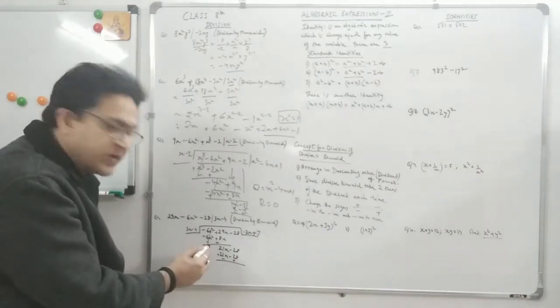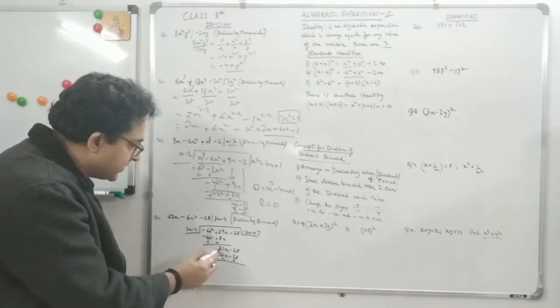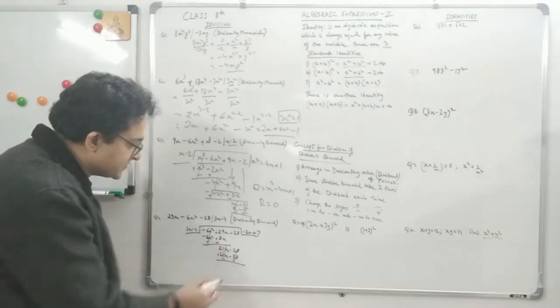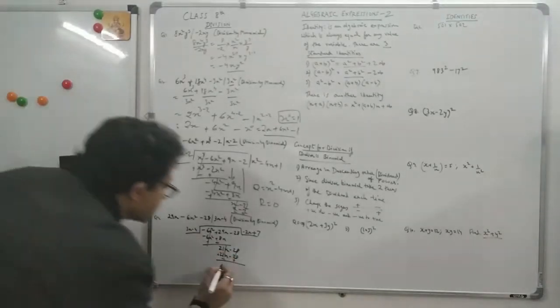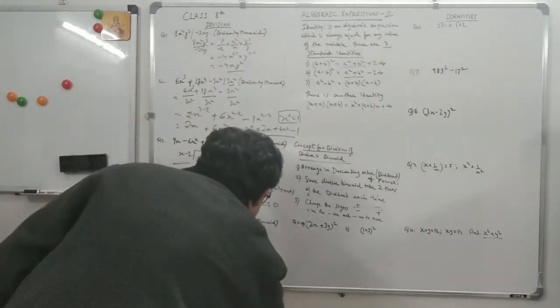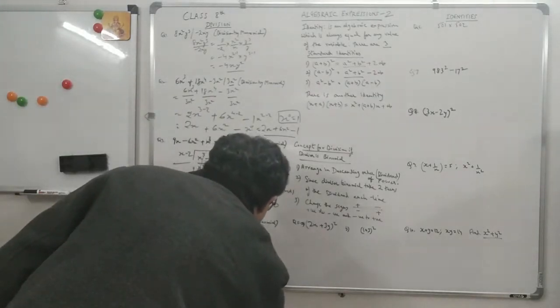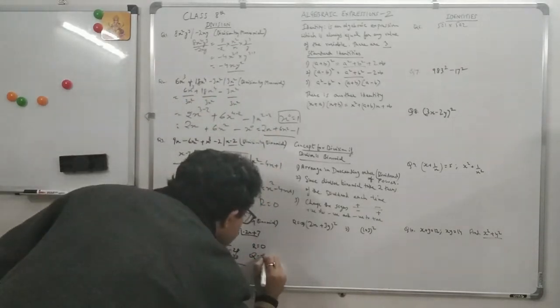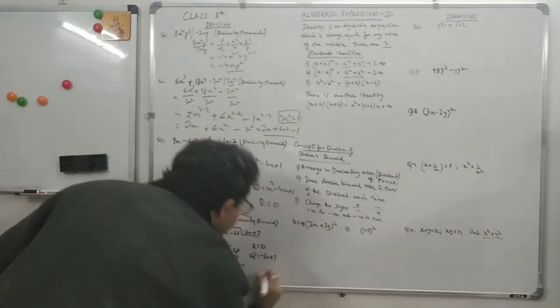So plus 21x minus 21x cancels, minus 28 and plus 28 cancels. So this becomes 0. So what's the answer? Remainder is 0. Quotient is minus 2x plus 7.